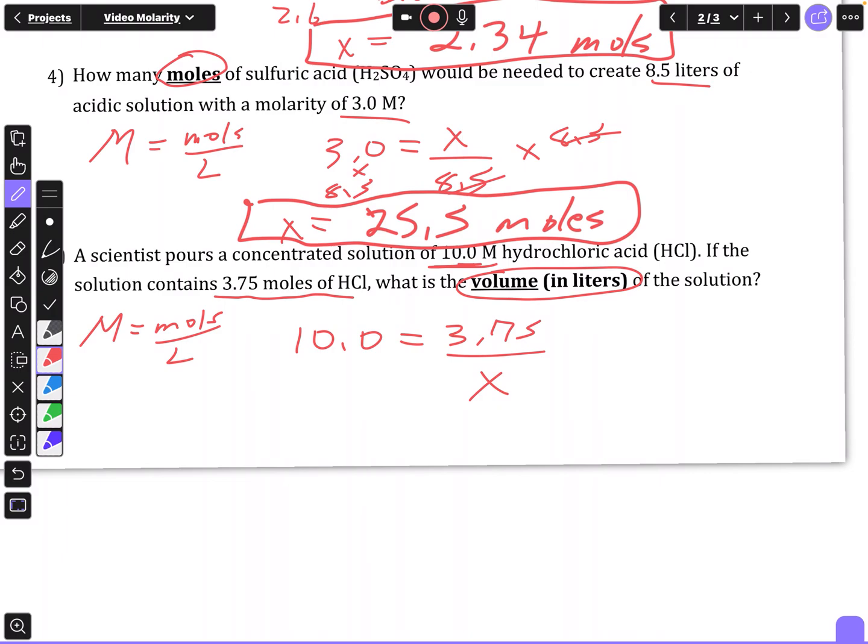I could multiply both sides by X and then divide, to solve for X. But what I like to do is put that over 1 and then cross multiply. So cross multiply and I get 10.0 X equals 3.75. And then I'll just need to divide both sides by 10.0 to solve for X.